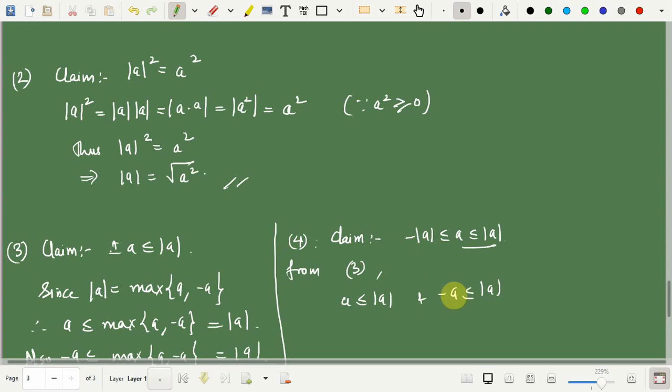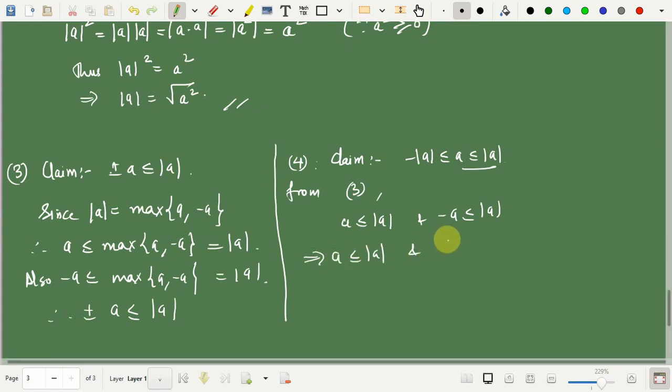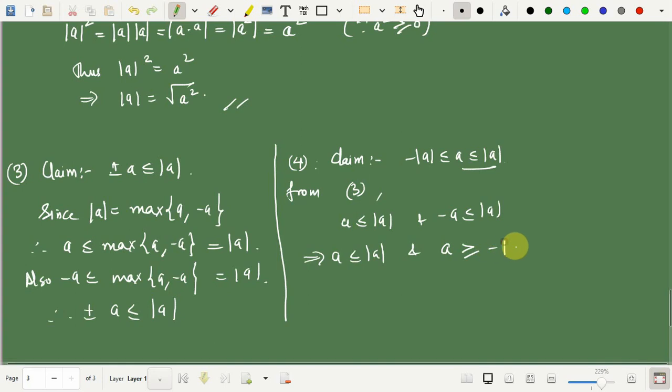So, this part we would get from here, but this is not exactly the same as this. So, what we need to do is simply multiply the second inequality by minus 1. That gives me a, because minus 1 is negative, the inequality will be reversed and you will have a greater than or equal to minus of mod of a.